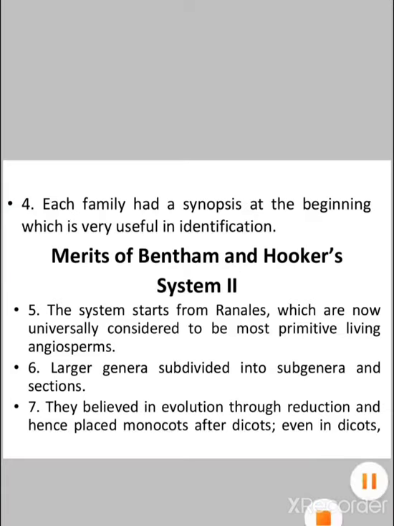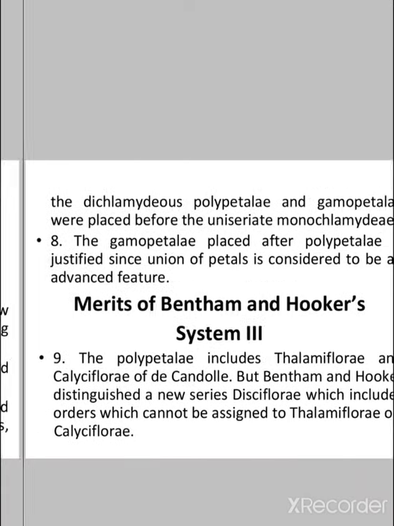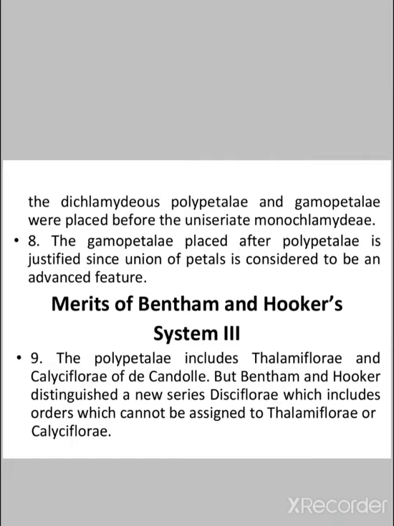Even in dicots, the Diclamydeae, Polypetalae and Gamopetalae were placed before the uniseriate Monochlamydeae. The placement of gamopetalae after polypetalae is justified, since union of petals is considered to be an advanced feature.